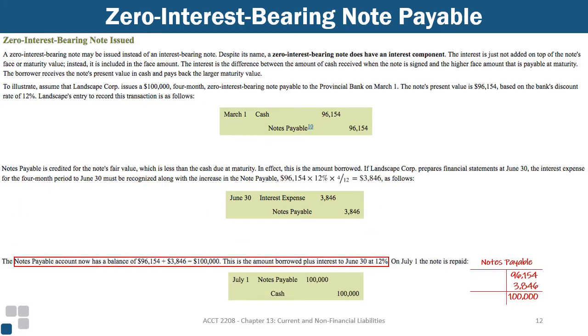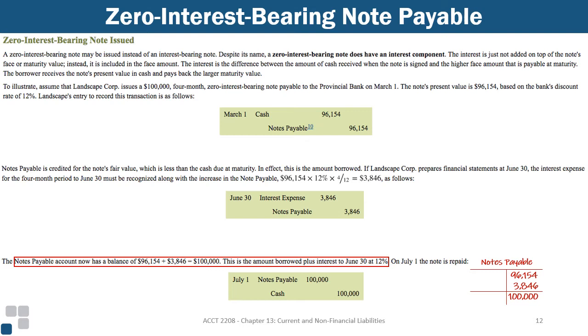Note, if you kept a T account for the note payable, I've got one down in the corner here, the initial transaction is 96,154 based on the numbers that are used here. And then the interest accrual on that is 3,846. Well, guess what?